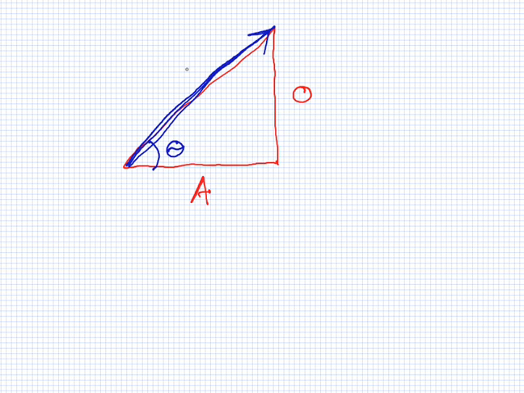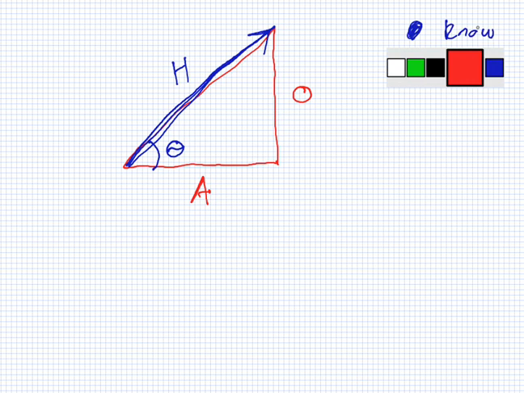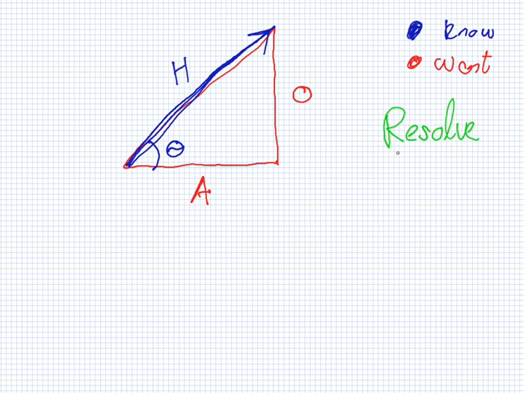So let me call this x, or if you want, we can call it h, for hypotenuse also. So blue is what we know, and red is what we want. And what's the verb? What am I trying to do here? Resolve. That's the verb.